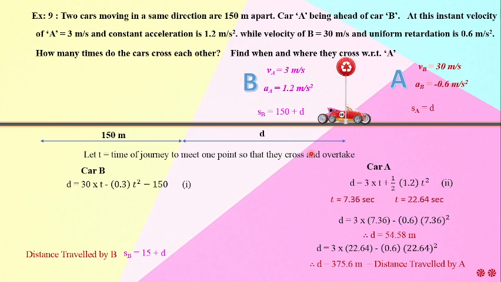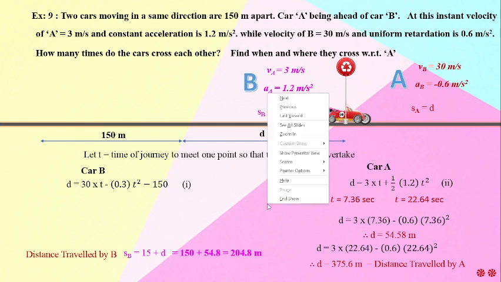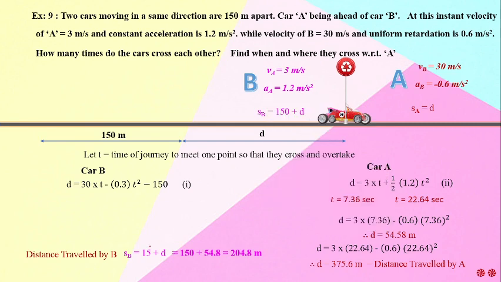SB is equal to 150 plus D. Substitute the value of D. So we are getting 150 plus 54.58 equal to 204.58 meter, and for the other value of D, that is 375.6, I have to substitute, so that SB, distance travelled by car B, will be equal to 525.6 meter. So this is how we have found out the distance travelled by car A as well as B.